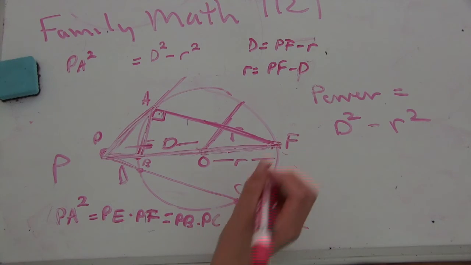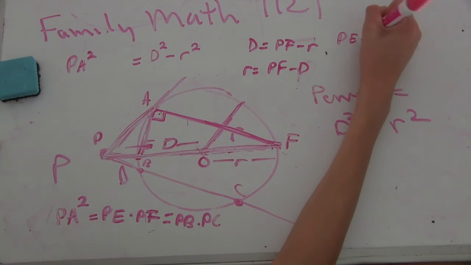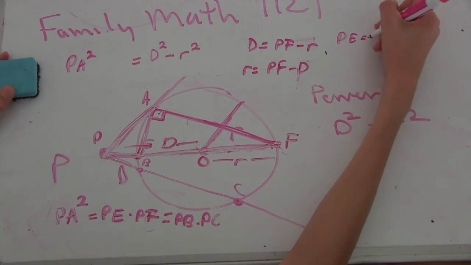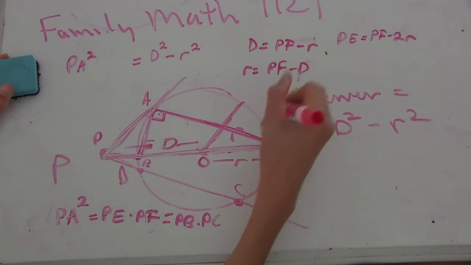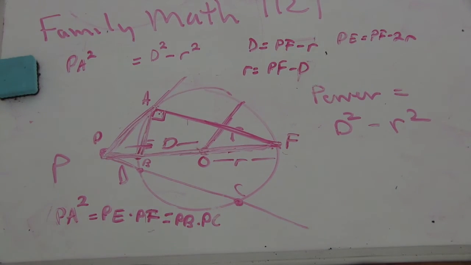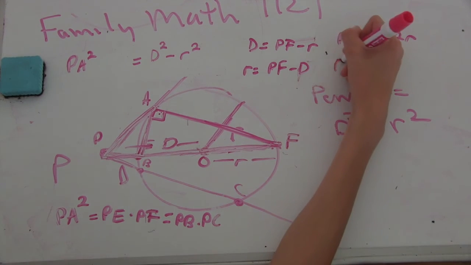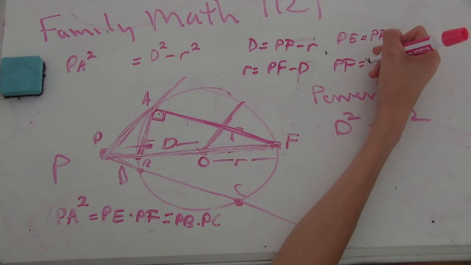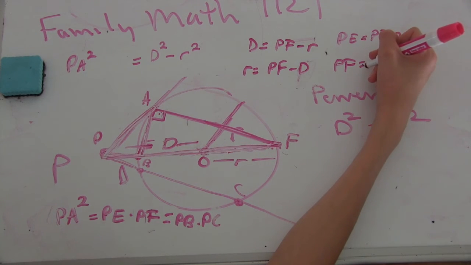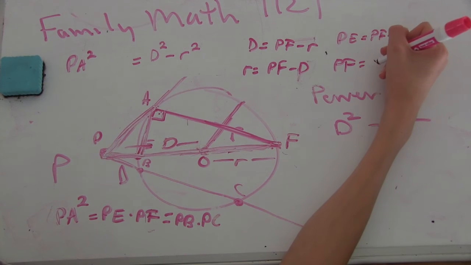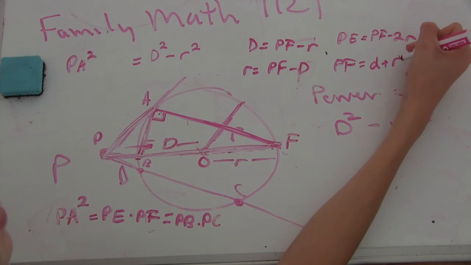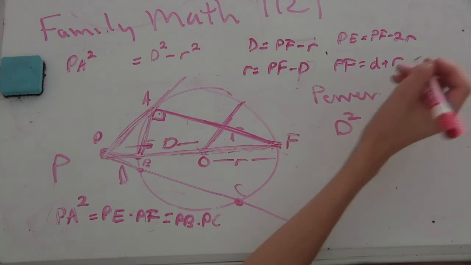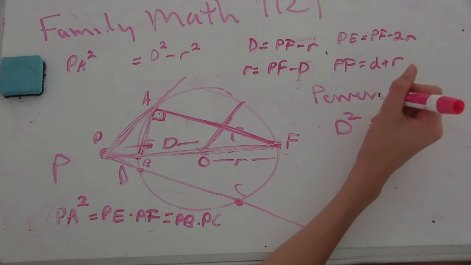PE, well, that's PF minus 2R here. So PE times, well, now I guess we could get PF in terms of D and R as well. PF equals D plus R. So then we could just compute PE times PF.